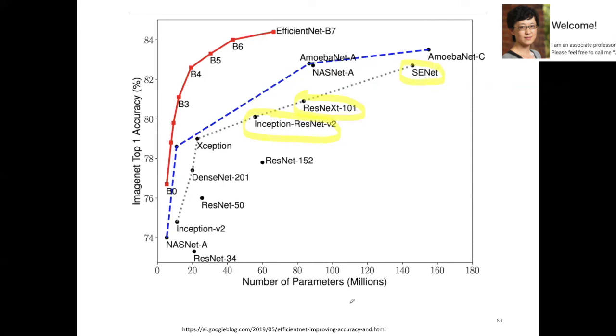But you can tell their number of parameters is in the hundreds of millions. EfficientNet compresses and makes it much, much smaller in terms of memory cost, but with better performance. Feel free to check out EfficientNet.